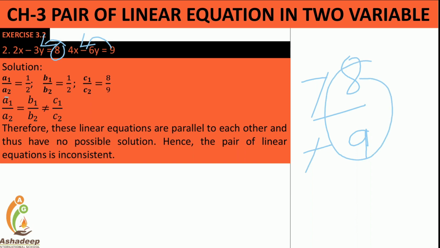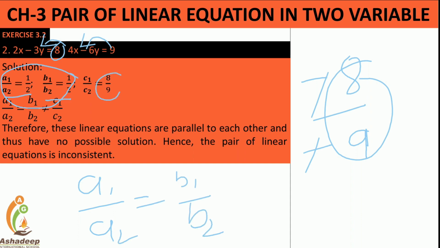See here, a1 upon a2 is 1 by 2, b1 upon b2 is 1 by 2. So both the ratios are equal. That means a1 upon a2 is equal to b1 upon b2. But here c1 upon c2 is 8 upon 9, so it is not equal.